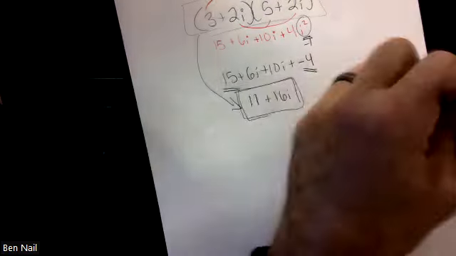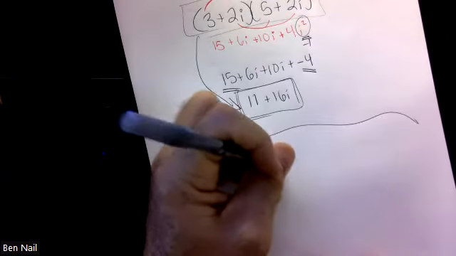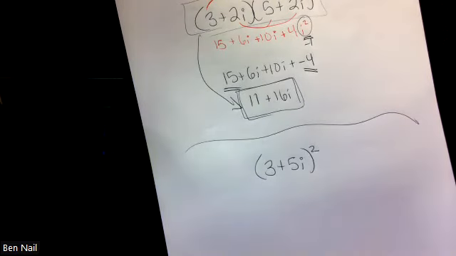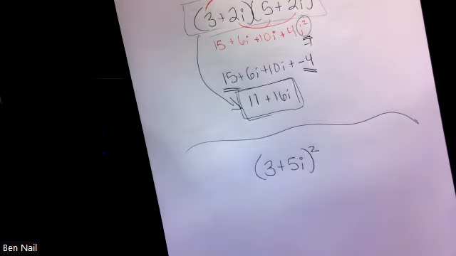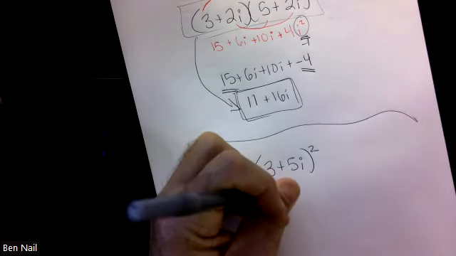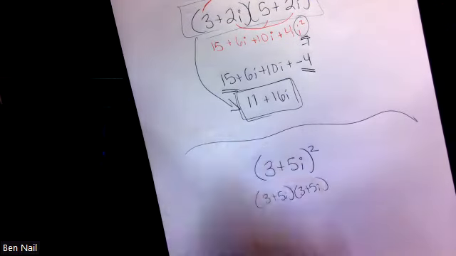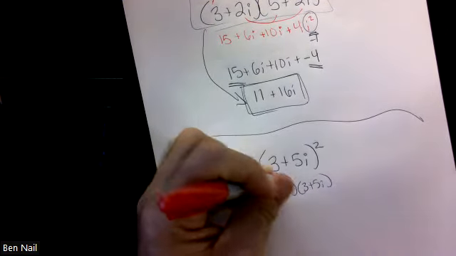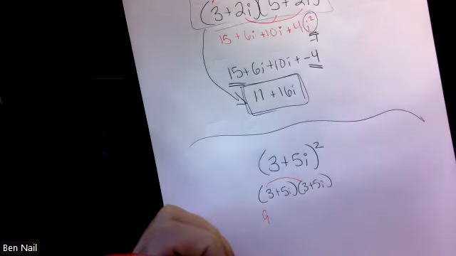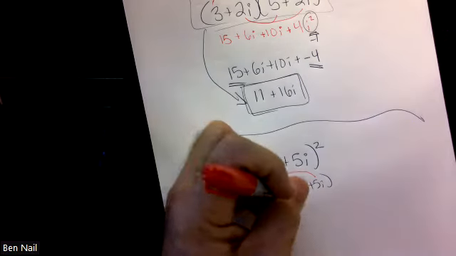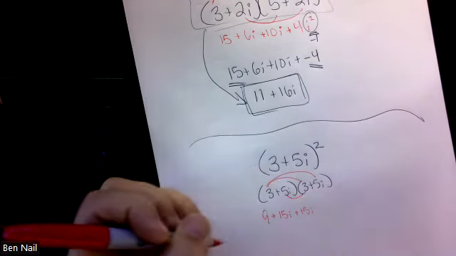And along those same lines, if they tell you to square a complex number, again, remember, you can't just distribute your exponent. That's not how that works. Squaring a complex number means essentially multiplying it times itself. So if we take 3 plus 5i times 3 plus 5i, we multiply. 3 times 3 is 9. 3 times 5i is 15i. 5i times 3 is also 15i.